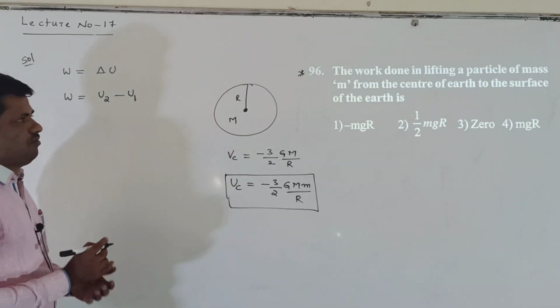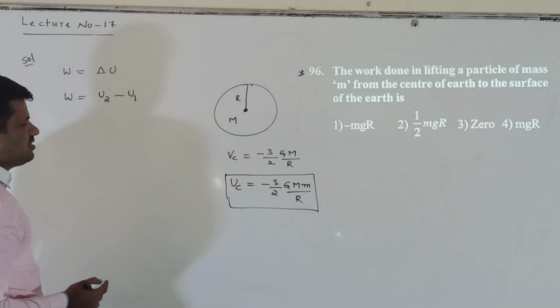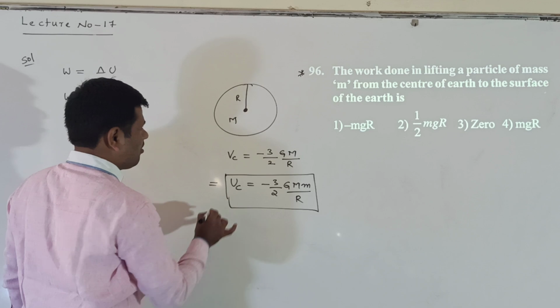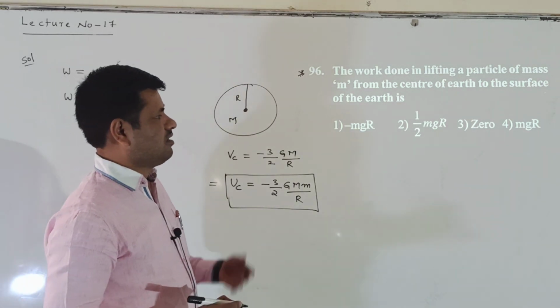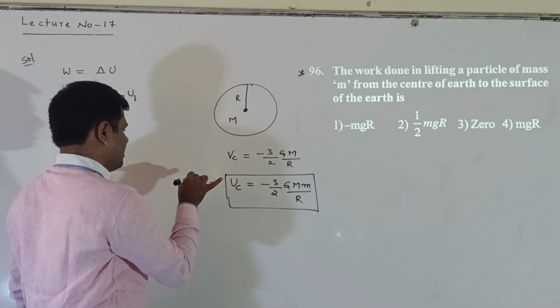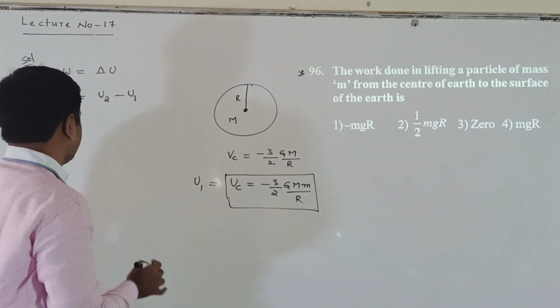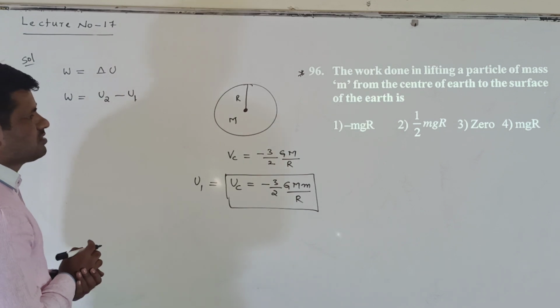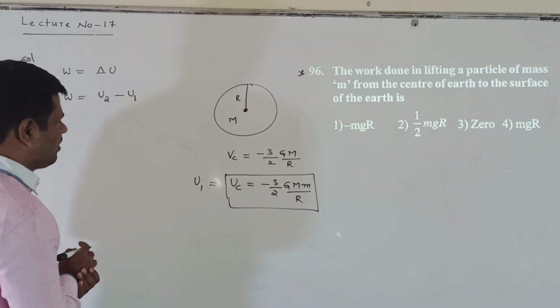Just remember that value. I am taking the center first because the particle is lifting from the center of the earth to the surface. So the center is considered as U1, that is U1 is equal to minus 3 by 2 GMm by R.